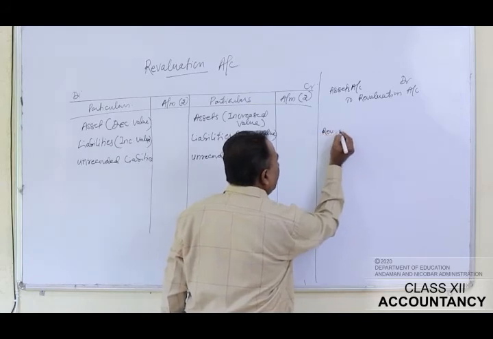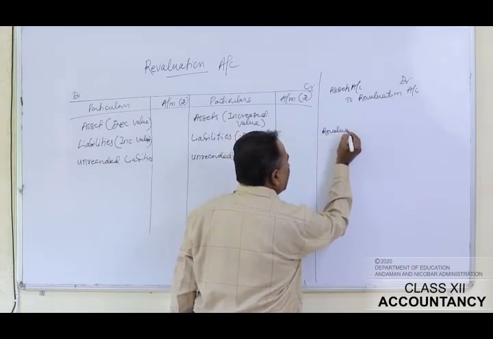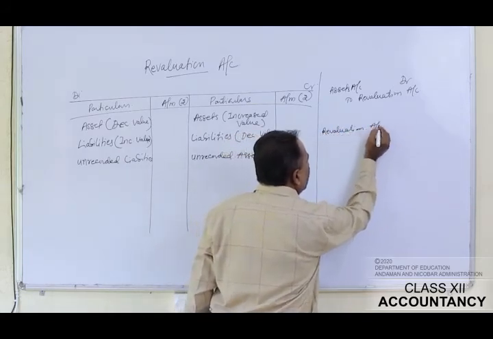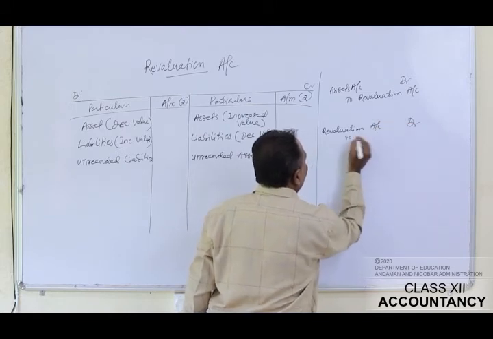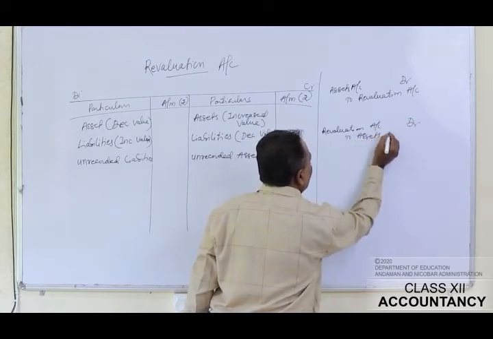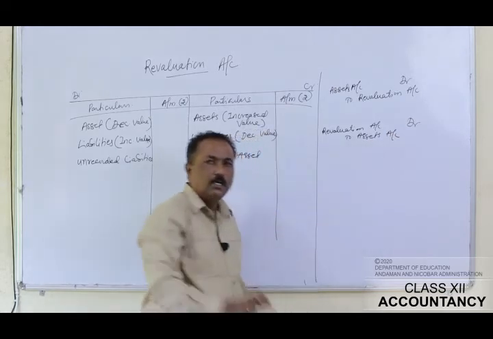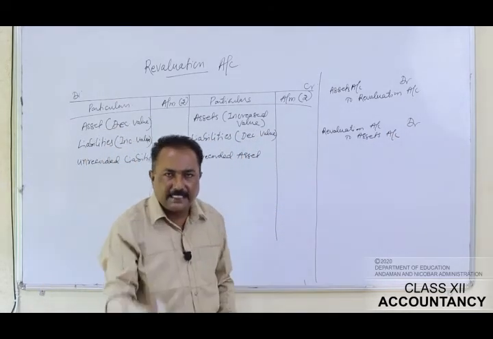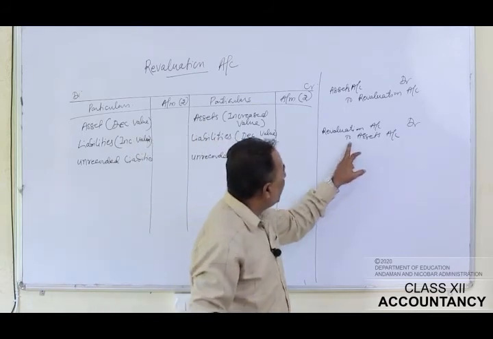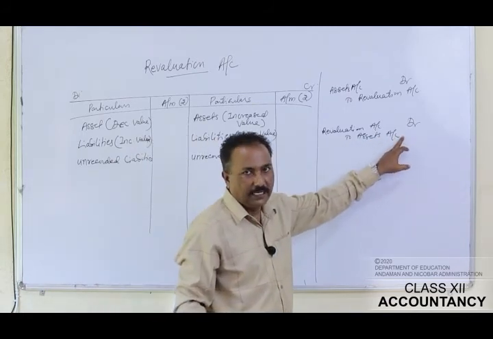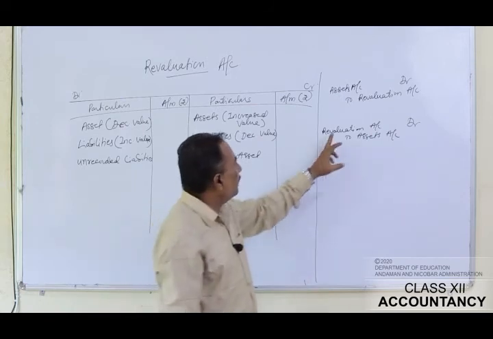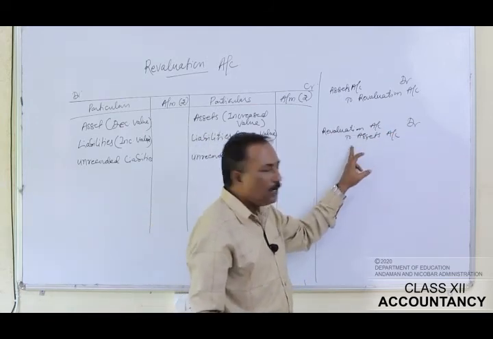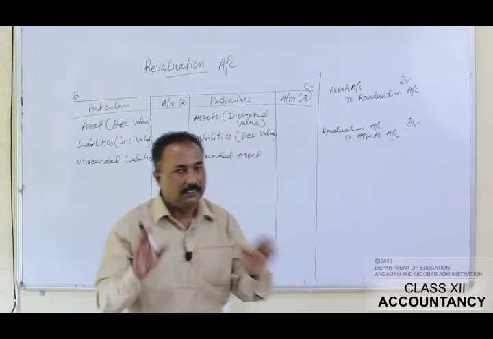The journal entry will be revaluation account debit to assets account. Again, you have to write the asset by name. If the value of plant and machinery has decreased, then the journal entry will be revaluation account debit to plant and machinery account. That's all.